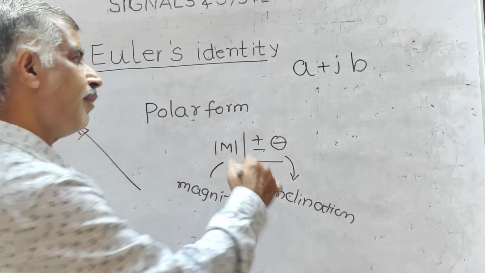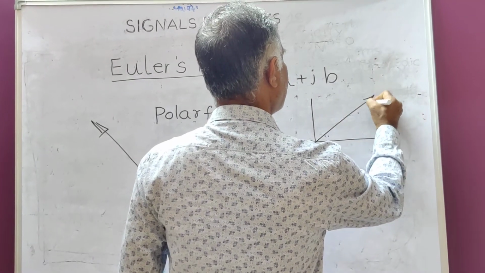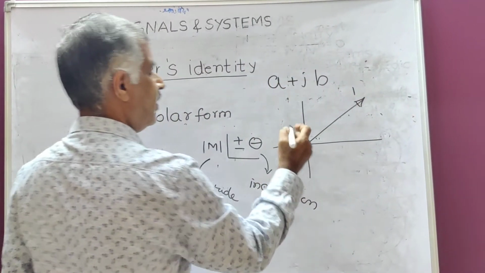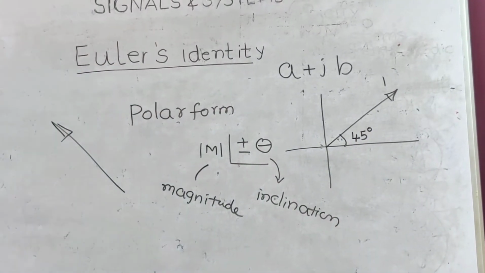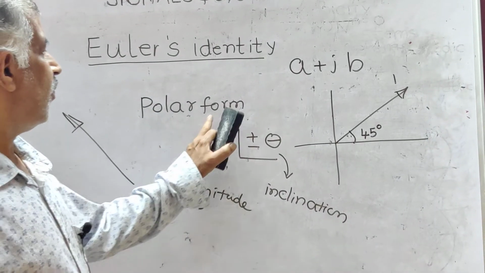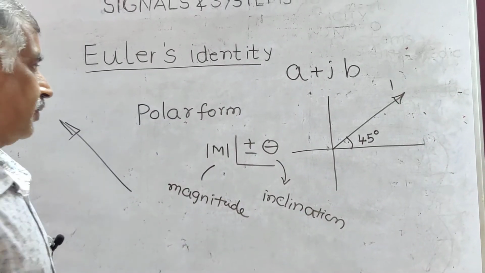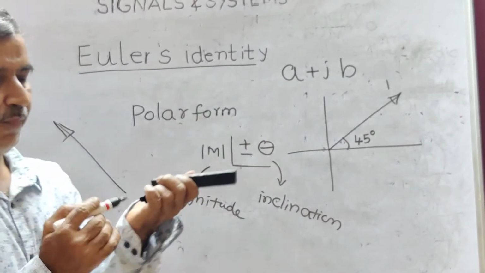If you take the example of the same phasor, positioned like this, a magnitude of 1 subtending an angle of 45 degrees, here I will represent it in polar form. Before that, you must know what is plus theta and what is minus theta.